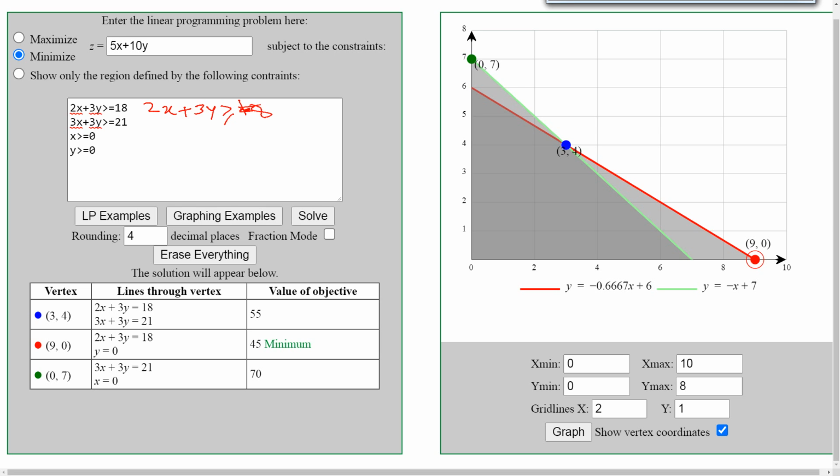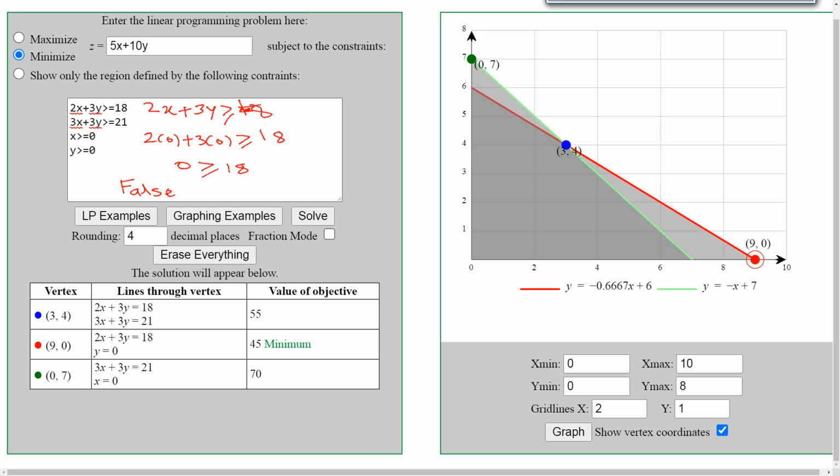So the origin has coordinates x as 0 and y as 0. So 2 into 0 plus 3 into 0 is greater equal to 18. This gives us 0 is greater equal to 18. Is this true or false? This is clearly false, because 0 is not greater equal to 18.